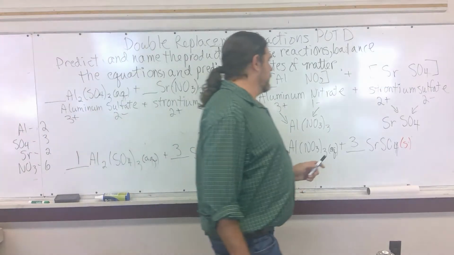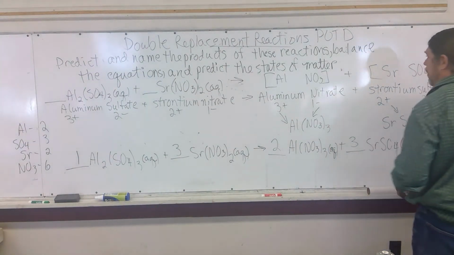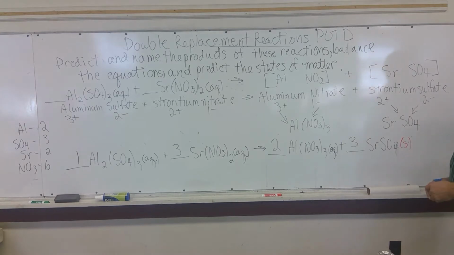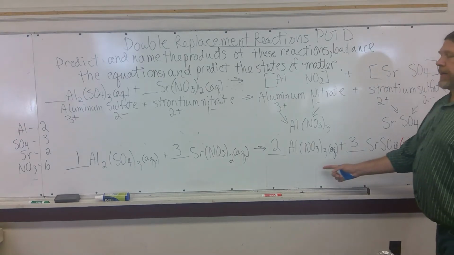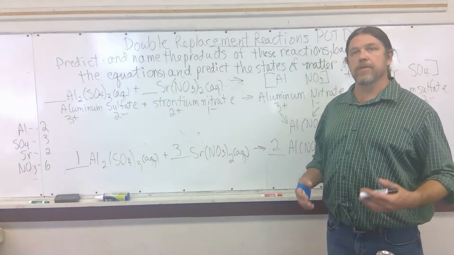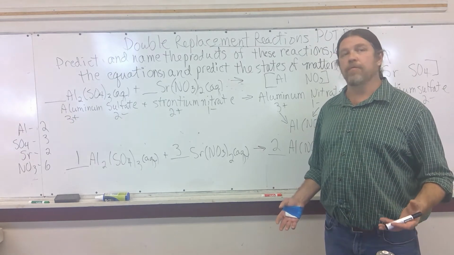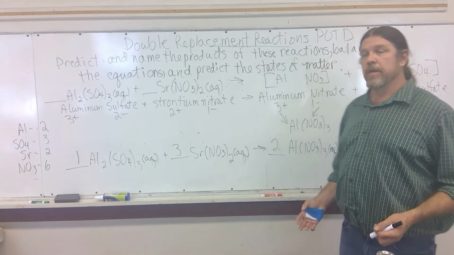Finally, when we look at a chart for solubility, we find that nitrates are generally going to be soluble regardless of what the cation is.